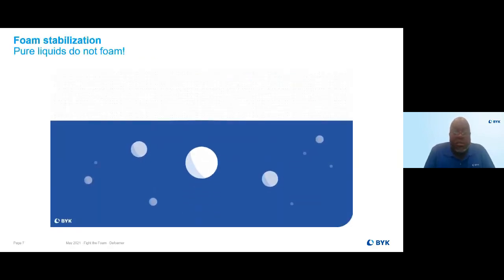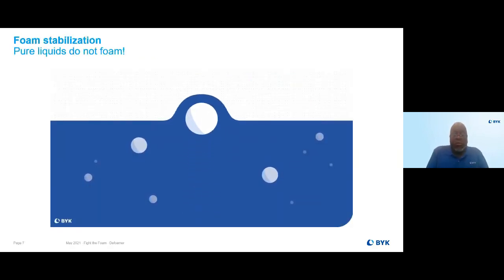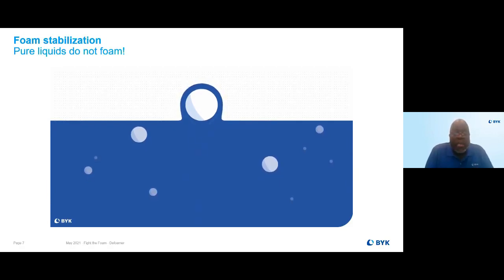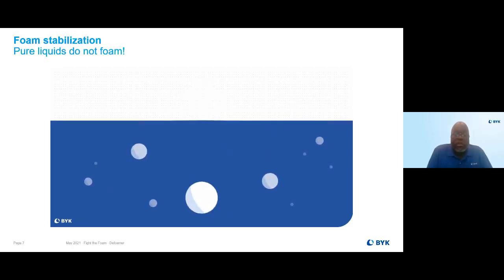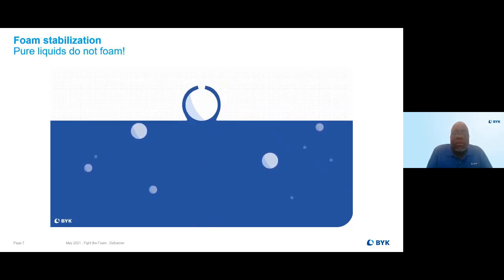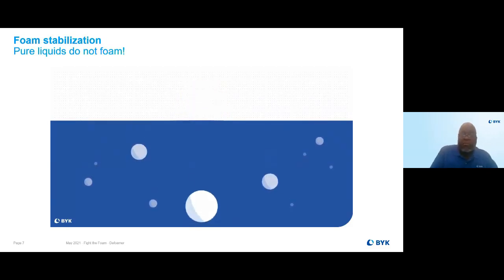Pure liquids do not foam. When bubbles are created in a pure liquid, the bubble rises to the surface, and once it reaches the surface, simply because of gravity, the water flows from the lamella, and as a result, the bubble breaks.